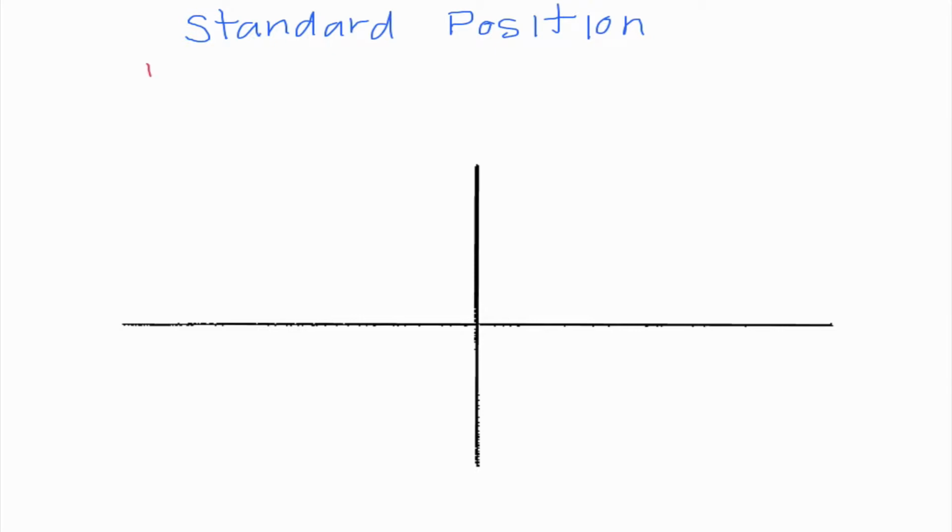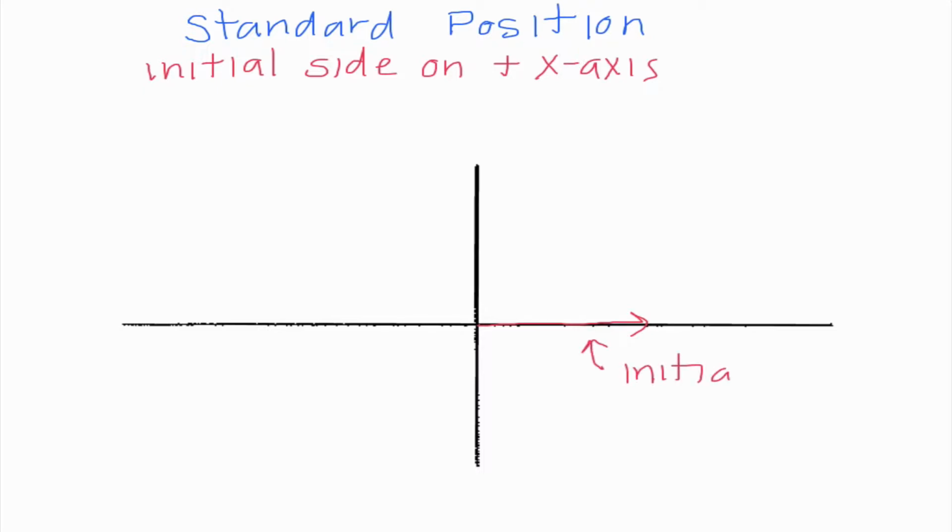First, we put what we call our initial side on the positive x-axis. So I'm going to go ahead and put what we call our initial side. It's kind of tough to read for some reason, but there we go. On the positive x-axis.